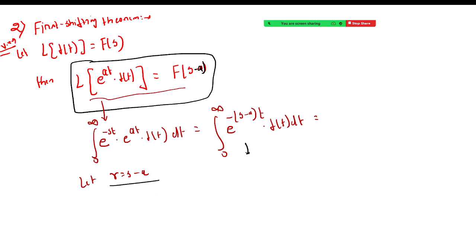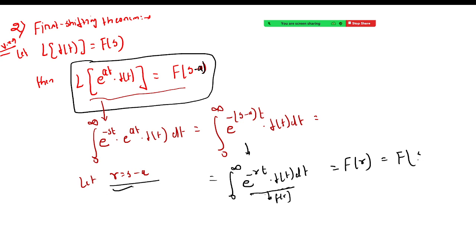So can I write here integral 0 to infinity e to the power minus rt into f(t) dt, right? So again, this is directly what? This one is your F(r). Are you getting it? And r is equal to s minus a, so I can substitute, that is F(s minus a), right? So this is how we prove this first shifting theorem.